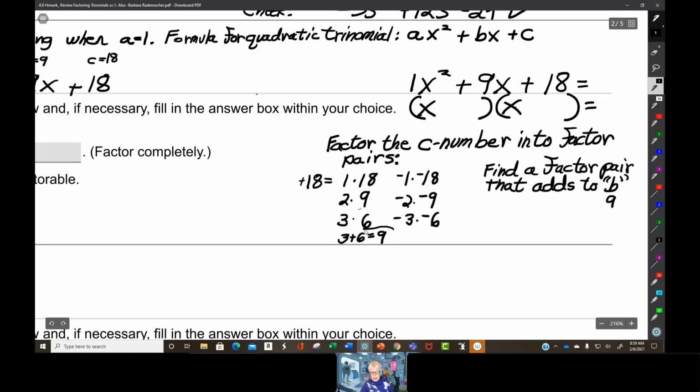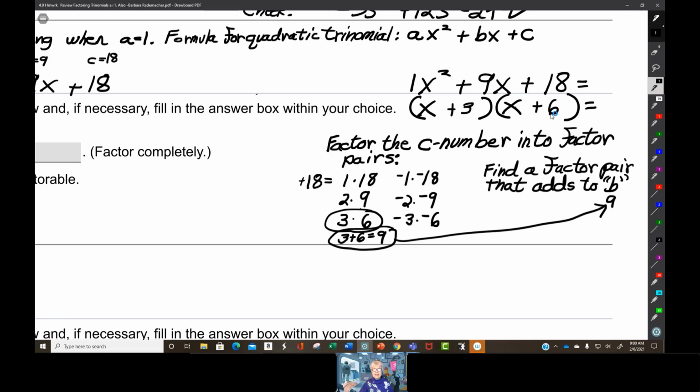So that would be 3 plus 6 is 9. So I'm going to use 3 and 6. They are my bingo numbers. They're both positive. So I put a plus 3 and a plus 6. And I'm done. That's all there is to it.